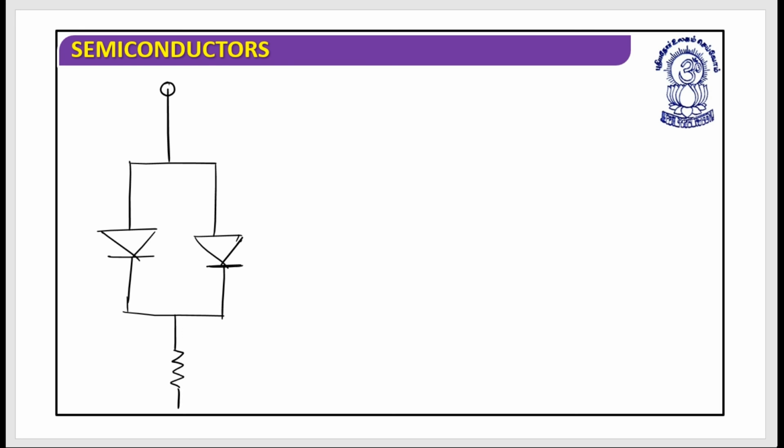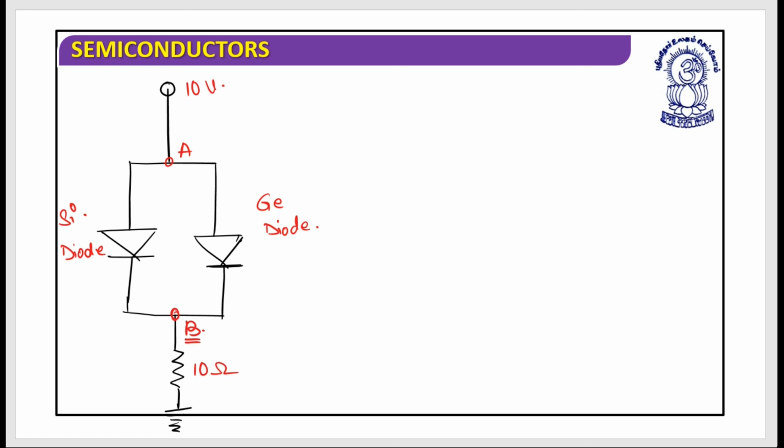This is the resistance, and then it is connected to the ground. Let's suppose this is the silicon diode and this is the germanium diode. Here we have provided 10 volt. Let's say this is point A and this is point B, and this is a 10 ohm resistance.